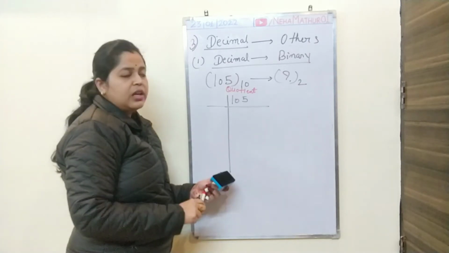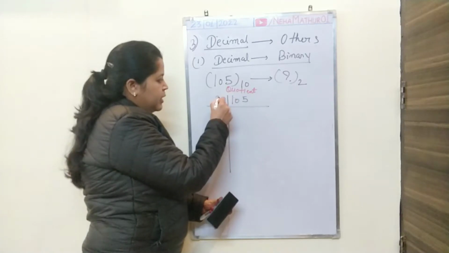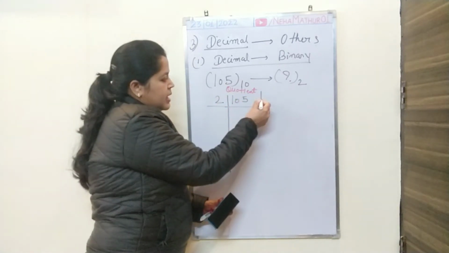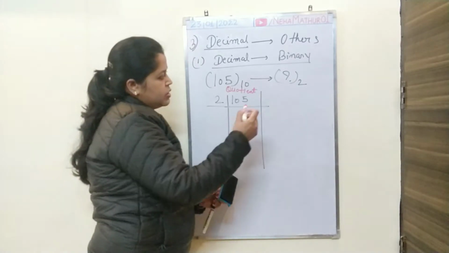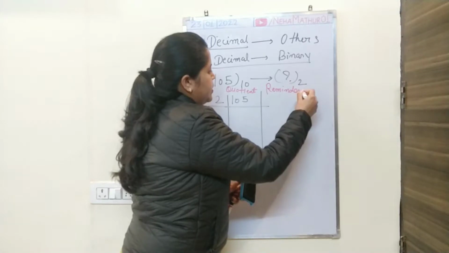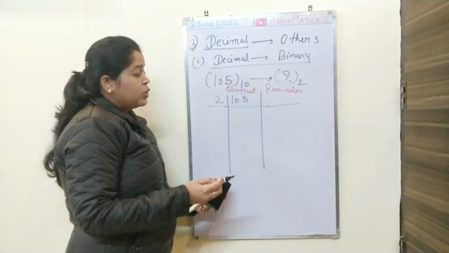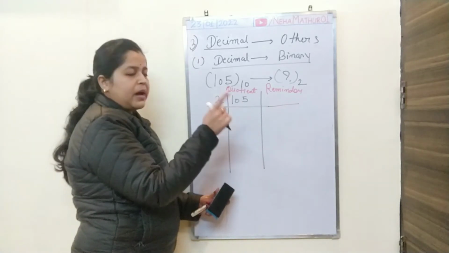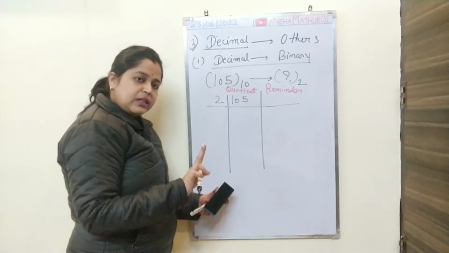For that you will have to divide that number by 2 and collect all the remainders. So I am mentioning remainders over here.